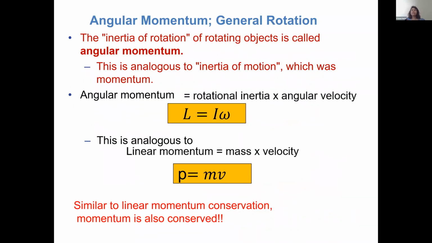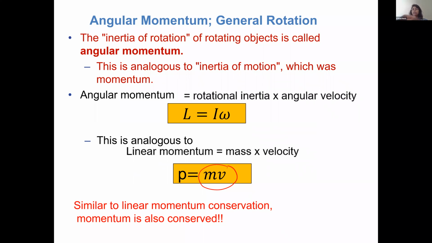Okay, let's move into the last concept, angular momentum. You remember that we discussed linear momentum in translational motion. Similar to that, angular momentum also exists when you have angular motion or rotational motion. Linear momentum, you definitely remember, is mass times velocity, right?